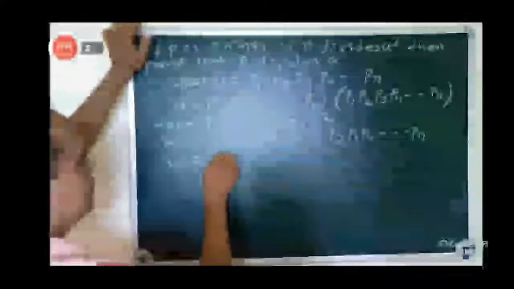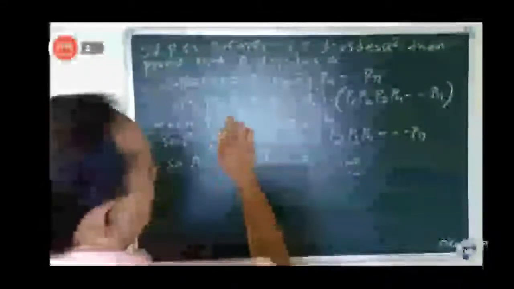So p must divide a. When we eliminate this p, then another p also divides a. This will be a.